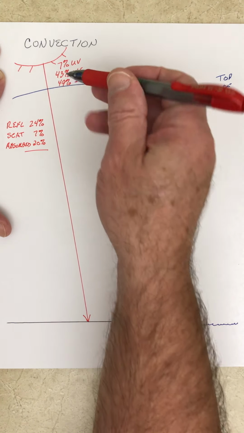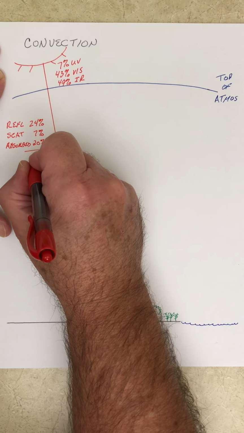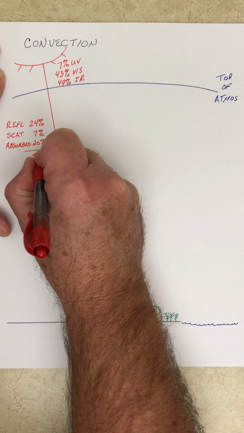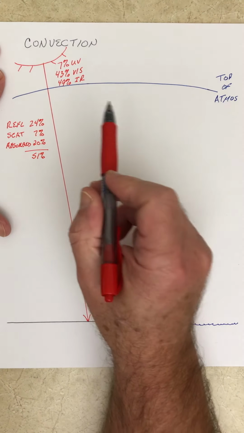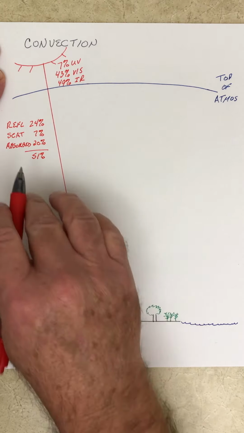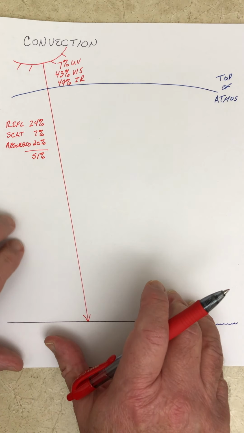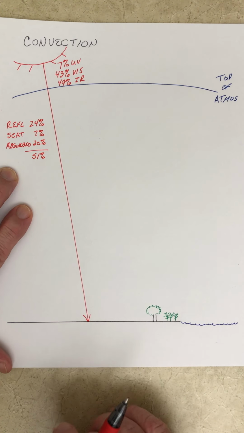So of all the radiation that passes through the top of the Earth's atmosphere, 51% never makes it to the Earth's surface. Okay, it either gets reflected away, scattered away, or absorbed by gases in our atmosphere. So 51% of incoming solar radiation on a global basis never makes it down to the Earth's surface.